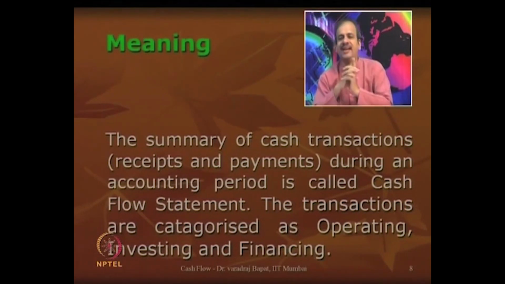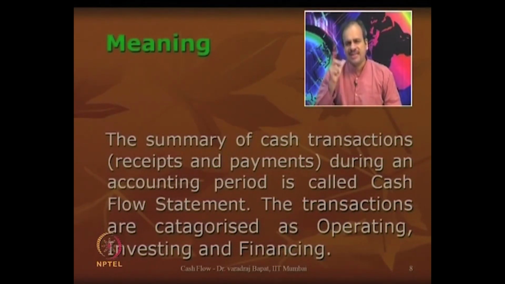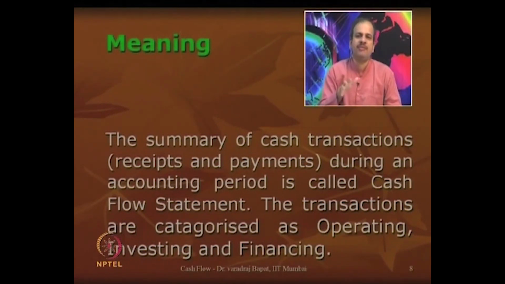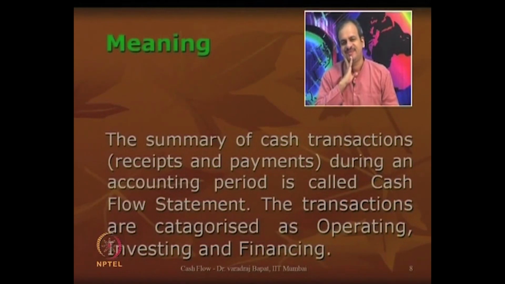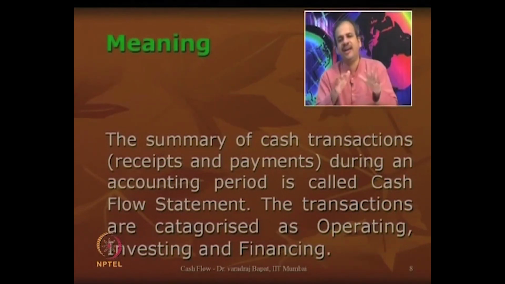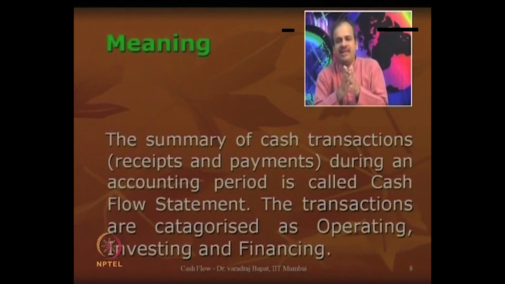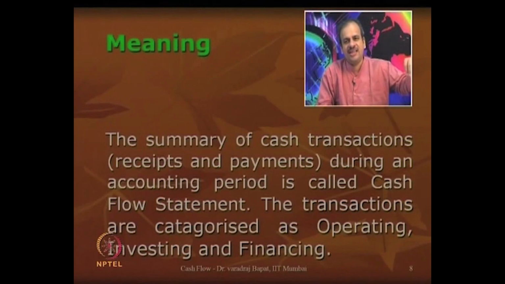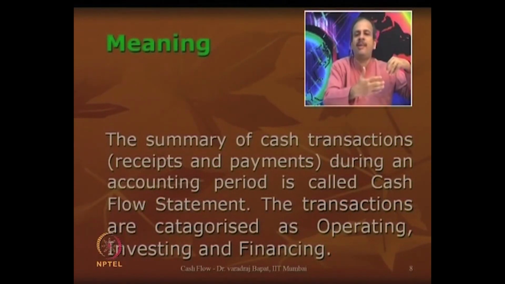Now, if you look at the categories, can you guess out of these three, operating, investing and financing, which items must be coming from P&L and which items must be coming from balance sheet? I think as the name suggests, operating are the day to day items. So, usually they are very close to P&L, whereas investing and financing are more to do with long term activities which come from balance sheet.